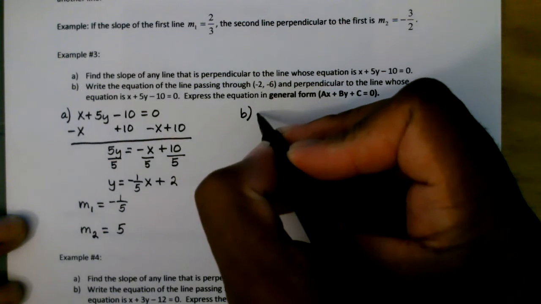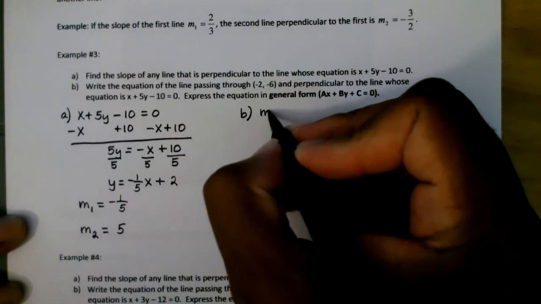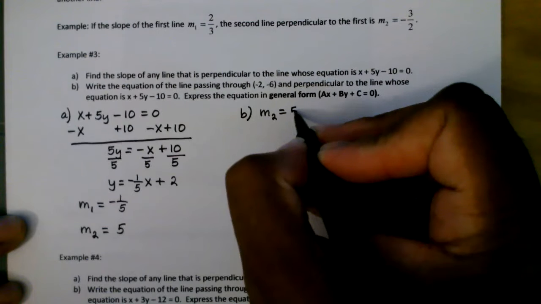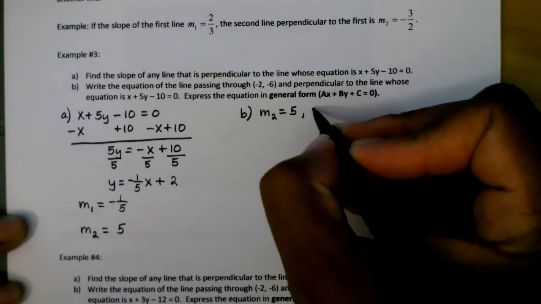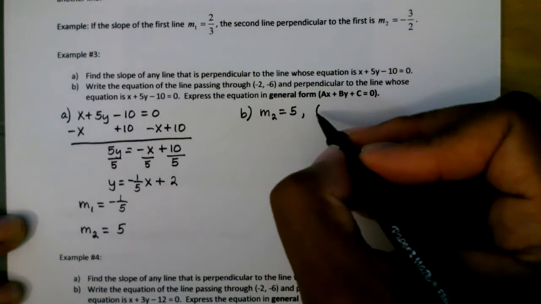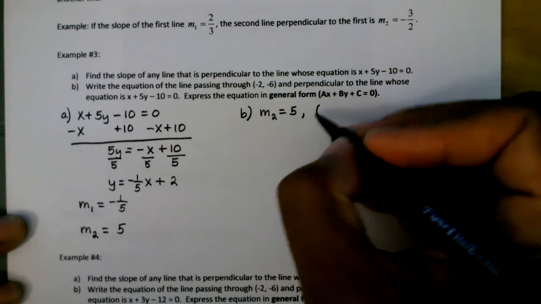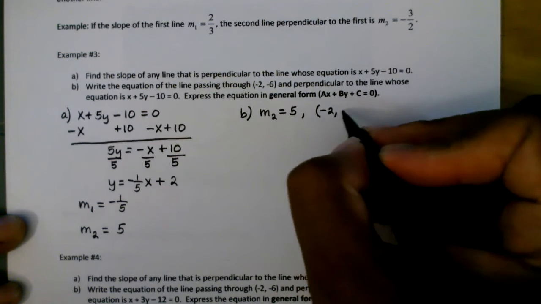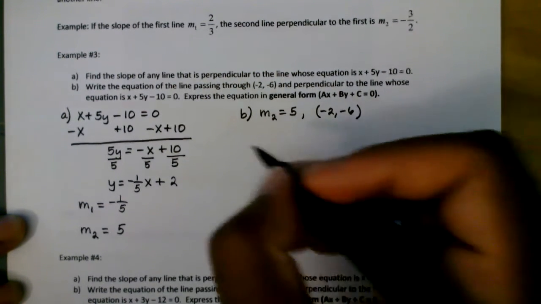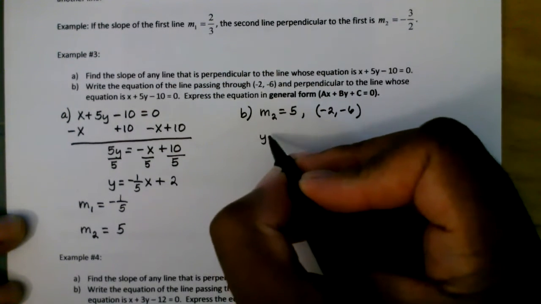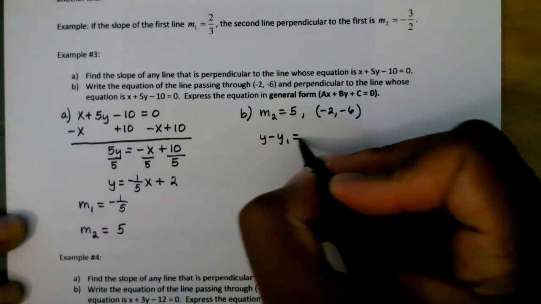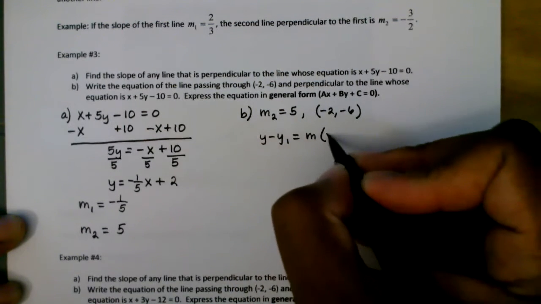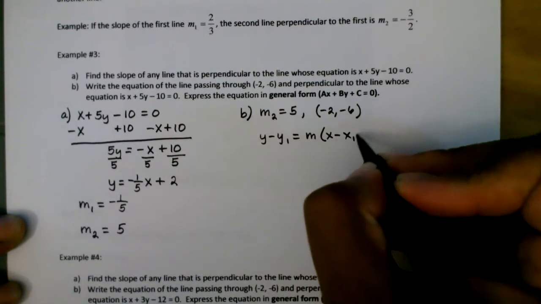So now in part B, I'm going to be using the 5 as our slope and the given point, which was -2, -6, in my point-slope form. y minus y1 is equal to m times the quantity x minus x1.